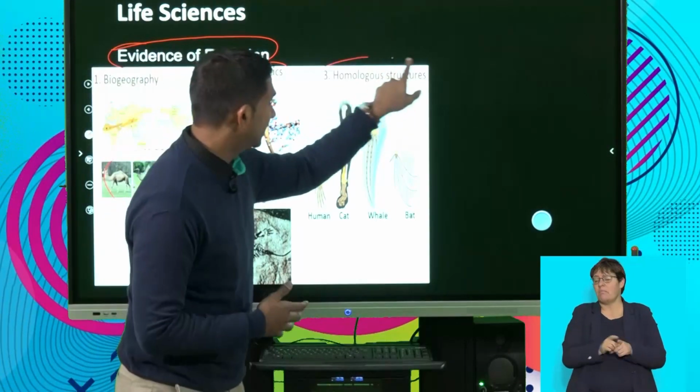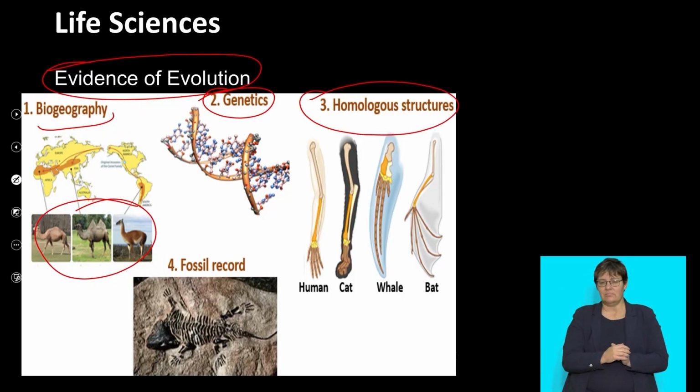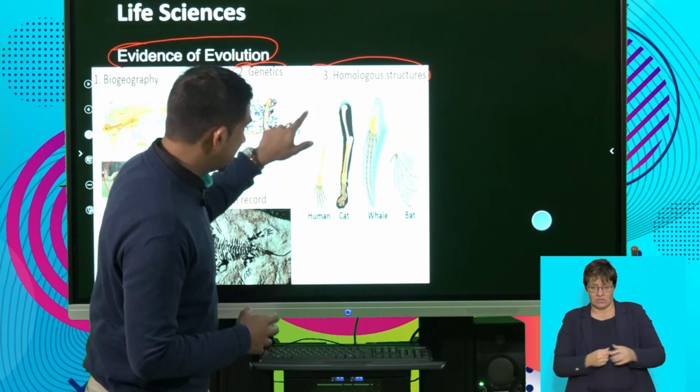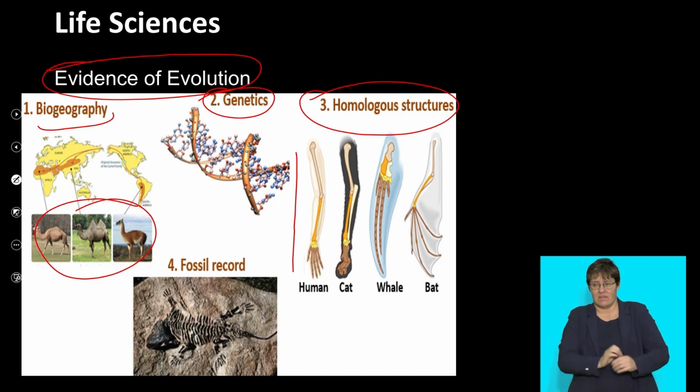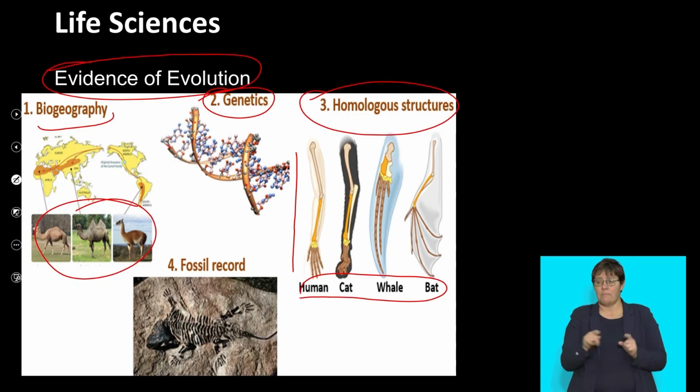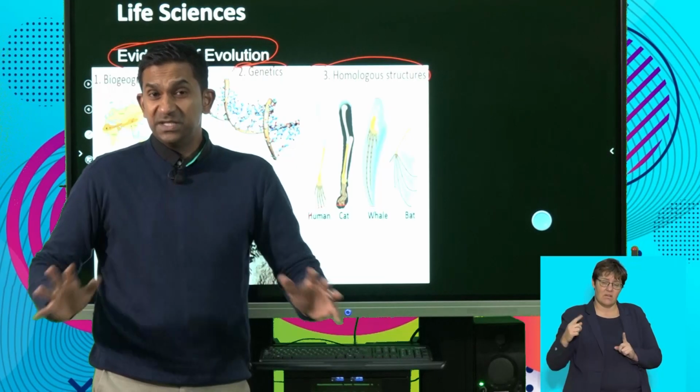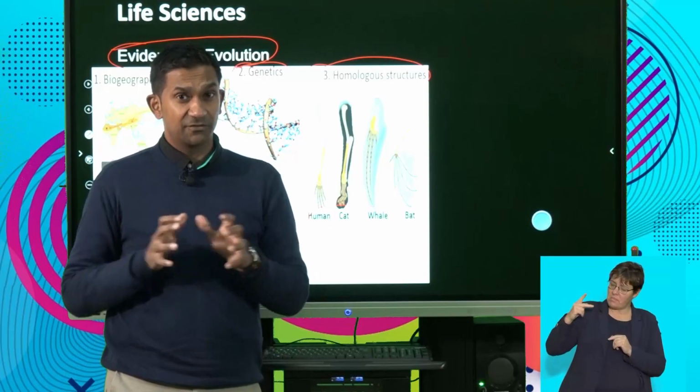We also must not forget that we have homologous structures, structures that are similar in structure but different in function. So we talk about the pentadactyl limb, the 5-digited arm, which is similar, and that all points to a common ancestor from which these forms of life have all diverged.